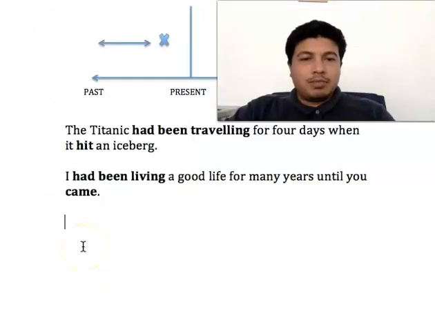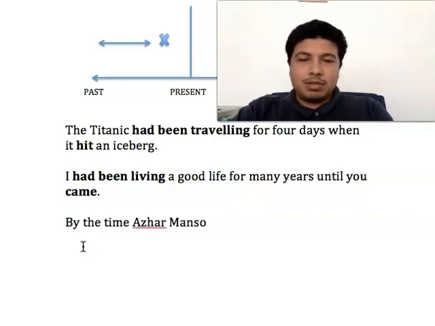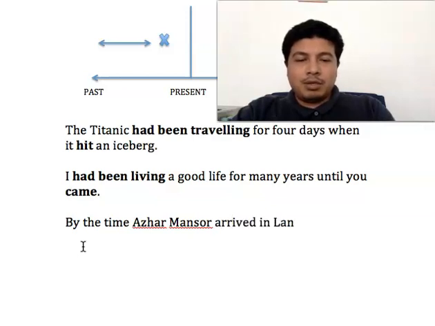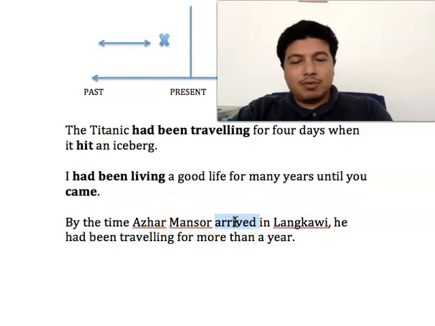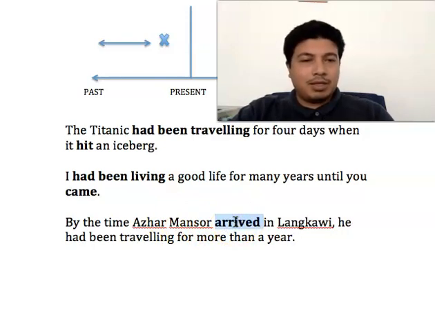So one last example would be, by the time Azhar Mansour arrived in Langkawi, he had been traveling for more than a year. So we have arrived as one action, and the other one had been traveling.